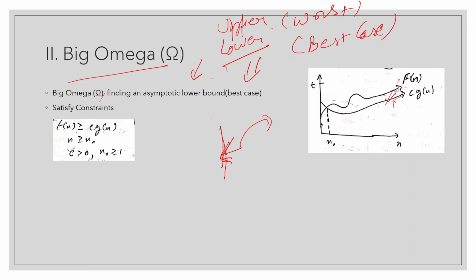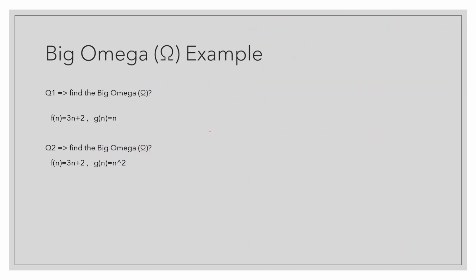So let's see an example. As we saw earlier, the same example. Our condition here is f(n) is greater than or equal to c·g(n).